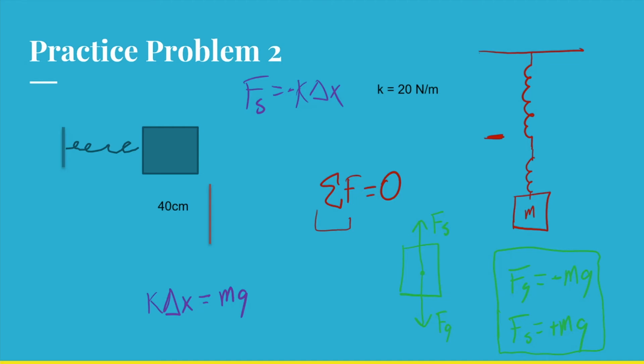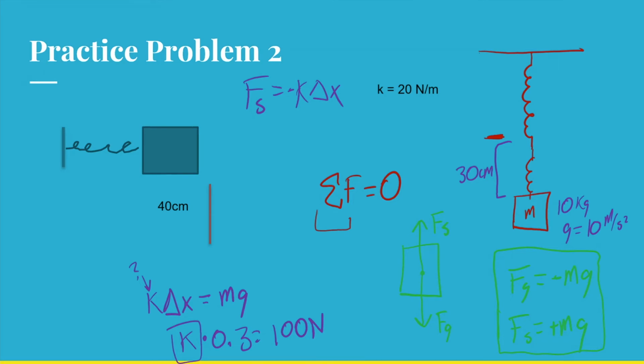Let's say I know the delta x is 30 centimeters, but I don't know what k is. If the mass is 10 kilograms, and g is equal to 10 meters per second squared, I can see that k times 0.3 is equal to 100 newtons, and then I can just solve for k. And I can find out what the spring constant is for this spring.